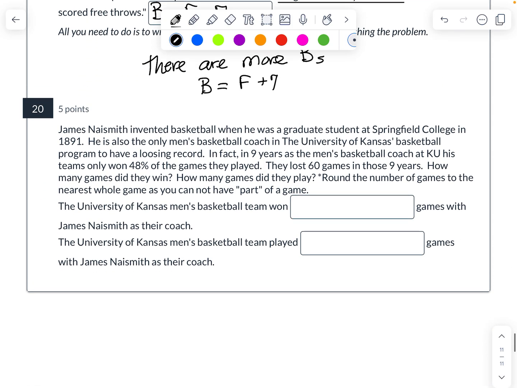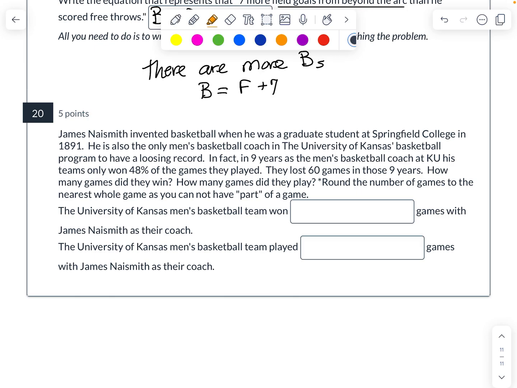Okay. Friends, I don't care if you like basketball or not. I don't care if you understand the words in this problem or not. Here's what you're picking out: that we are talking about wins and we are talking about losses.